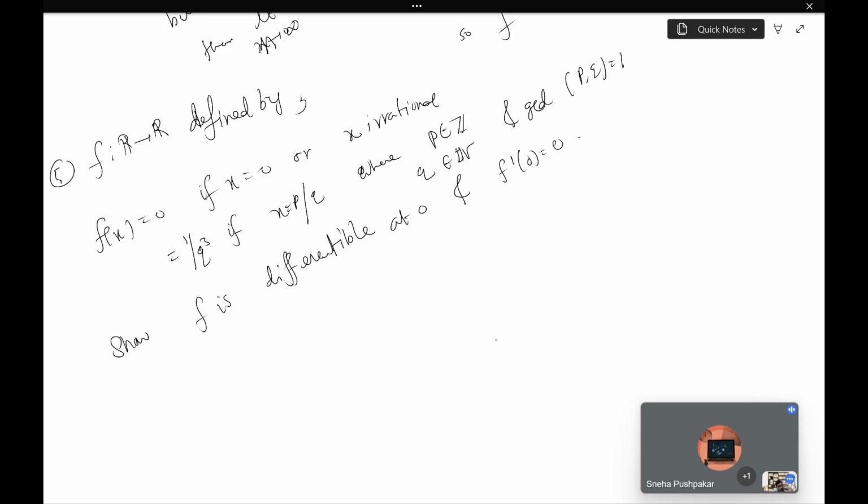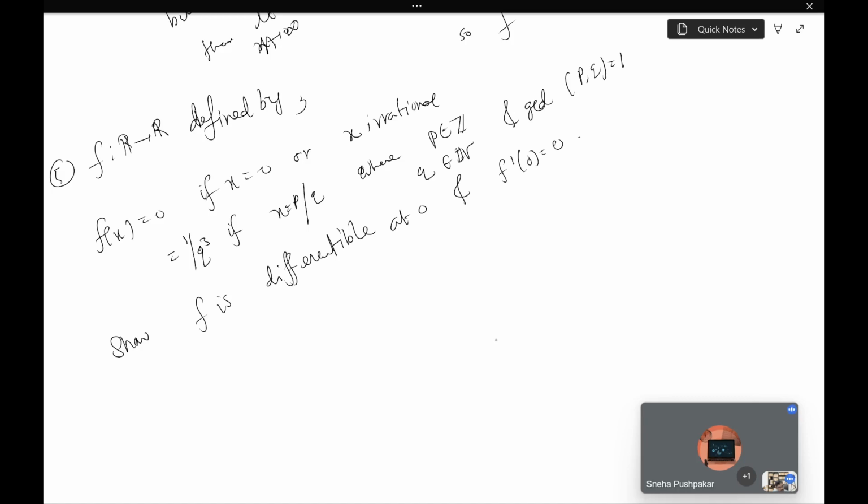When I calculate the limit as x tends to 0 of (f(x) minus f(0)) upon (x minus 0), I get f(x) upon x. f(x) at 0 is 0, so I get this is 0, and the other, which is given as 1 by q cube, this will also I get 0.